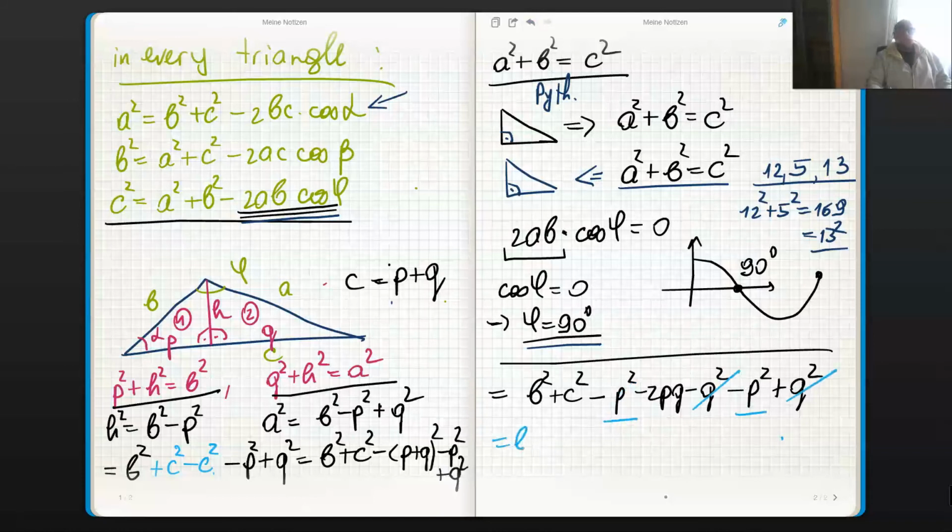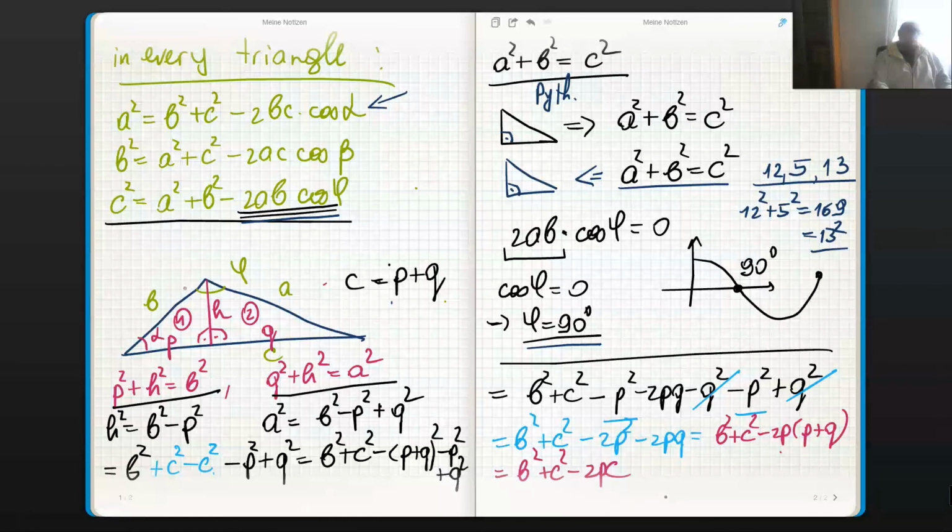So basically we have b squared plus c squared minus 2p squared minus 2pq. So it is b squared plus c squared minus 2p, we're taking out, it's p plus q. p plus q is equal to c, so we have minus 2pc.